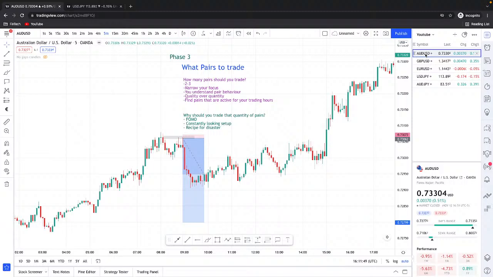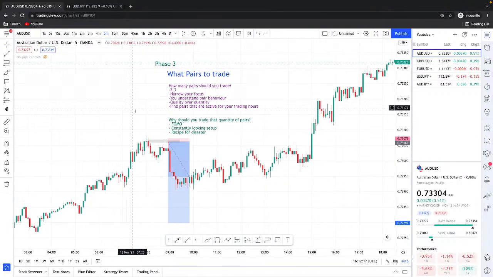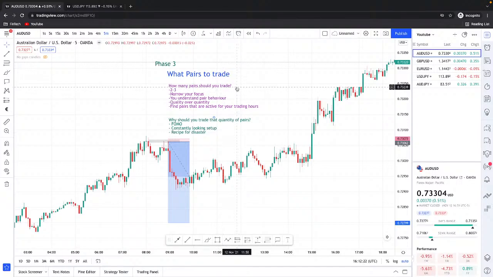All right, so I would suggest give it a chance, try 2 to 3 pairs for 3 to 4 months, and see how it improves your trading. It will make sense when you spend some more time on the screen, right? If you have any question regarding this topic, what pairs to trade, you can ask in the chat, and then we can move forward.